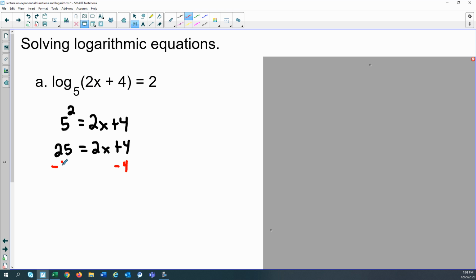Subtract the 4, and we get 21 equals 2x. And divide by 2, and we get 21 over 2 equals x. Our solution for x. So to solve this equation, we actually convert it out of logarithmic form into exponential to try to get to a solution of x.